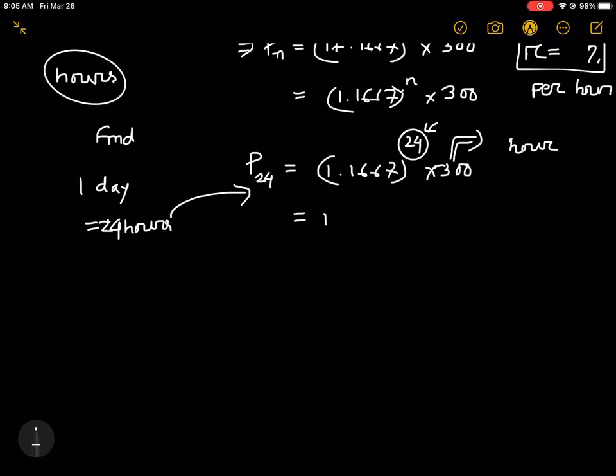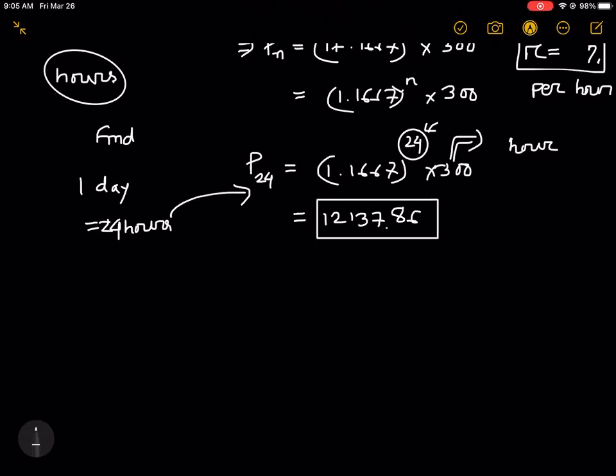Okay, so if you use your calculator, you should get this 1237.86. I've taken 2 points after the decimal. So this is the number of bacteria you will have if the rate is maintained throughout the day.